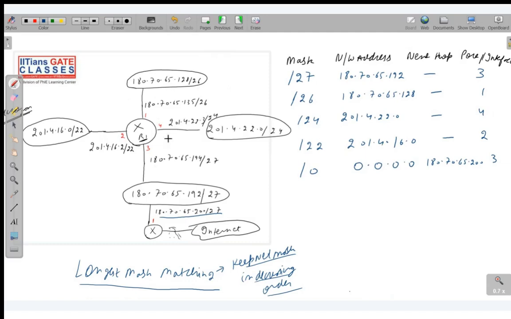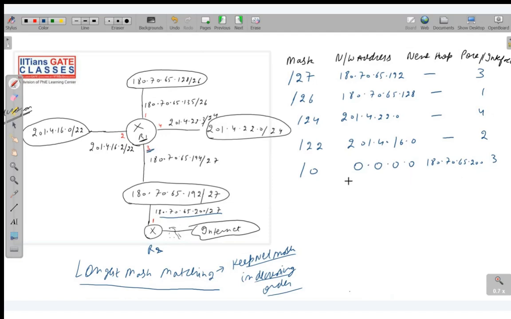If a packet belongs to some other network, it will be on the internet. So this router's duty is to forward the packet to R2, and R2 will forward it to the internet. So to send the packet to R2, from which port should you forward it? 3. Yes, sir. That's why we have kept it 3 here.